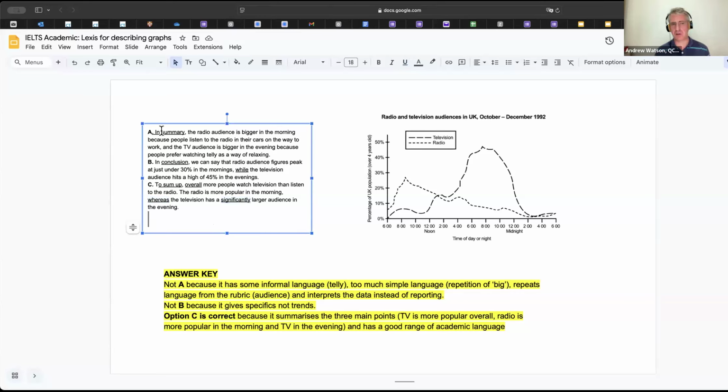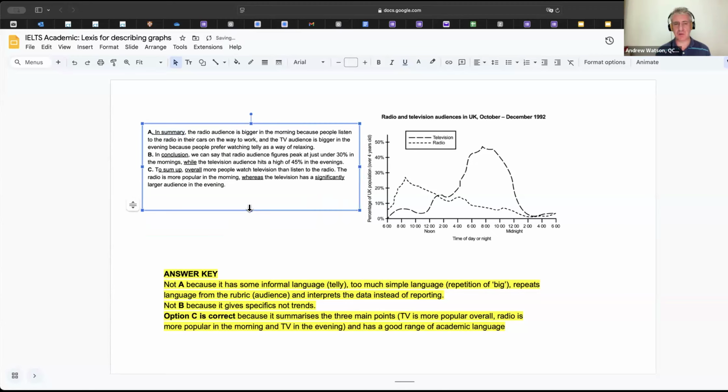But we could also look at the ones in A. In summary, that's an acceptable lexis to use in a summary. In conclusion, while, yeah. Let's focus a bit on this lexis.